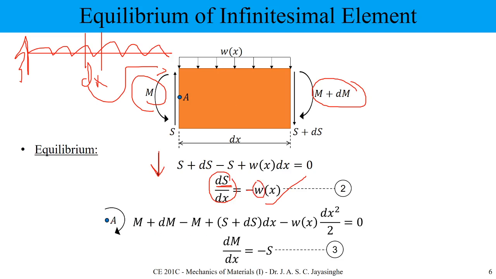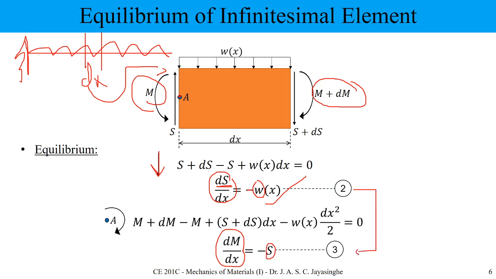At the same time, you can take moments about a point and end up with this equation. This means the slope of the bending moment diagram with respect to dx is going to equal minus the shear force at that point. So these two equations we're also going to use.